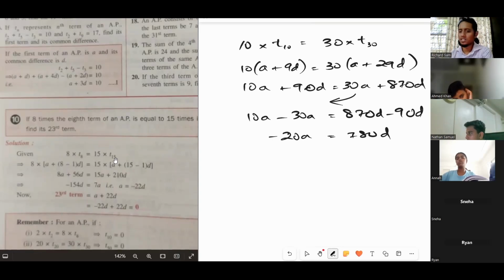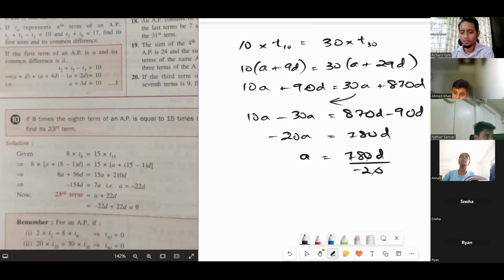Okay, so just make A the subject here. Till here, what we did is correct. So A is equal to 780D divided by minus 20. So 0, 0 cut. And 2 and 78. So 2 3s are 6, carry 1, 2 9s are 18. Okay, so what we get is A is equal to minus 39D.